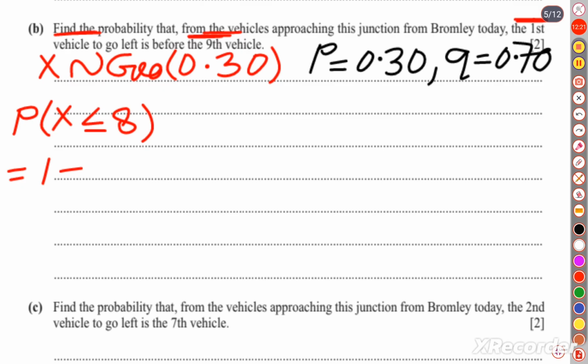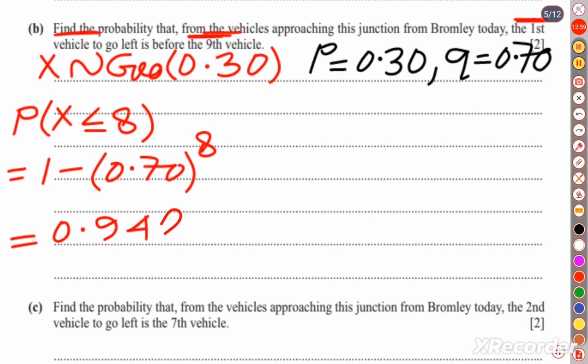Q is 0.70, how many times? 8 times. I think you have got my point, that among the first 8 turns, we don't know when a vehicle turned left. That's why in all 8 turns there is no failure, there is one success, but we don't know when. That's why the formula is 1 minus q raised to r. And if we simplify this, it is going to be 0.942.